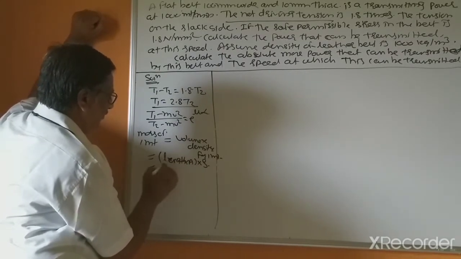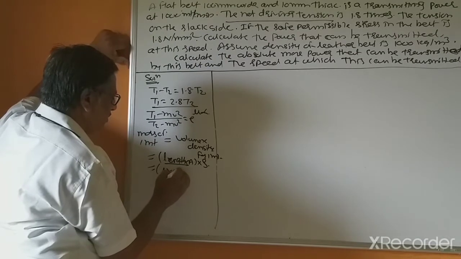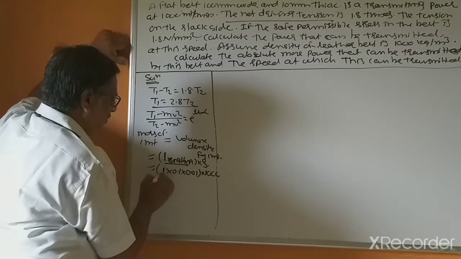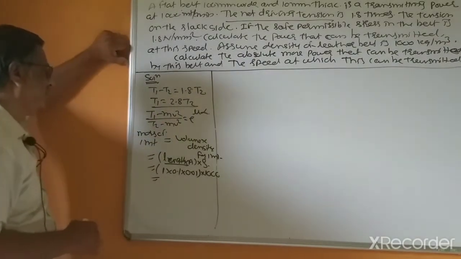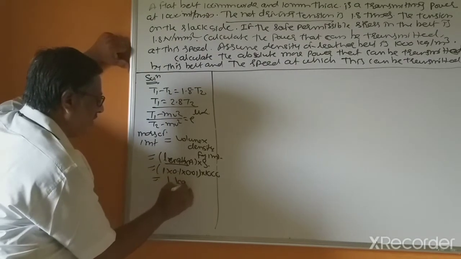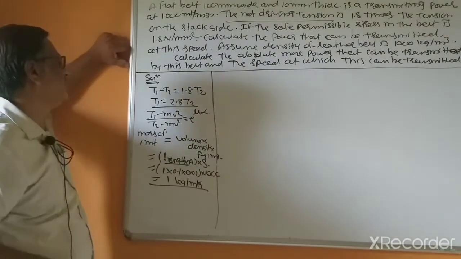Length is 1 meter, area of cross section 0.1 into 0.1, into 1000. So mass per meter length equal to 1 kg per meter. This is one relation.